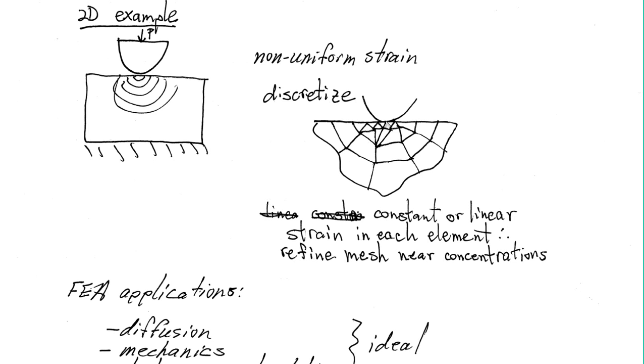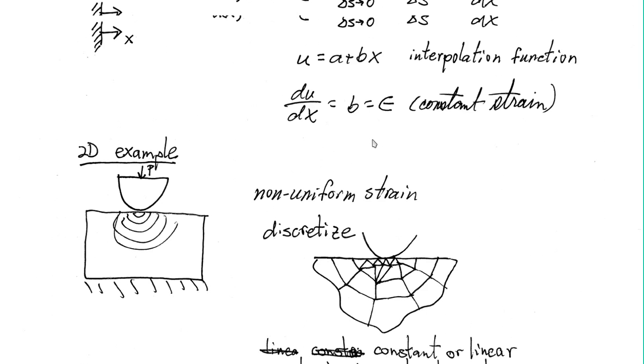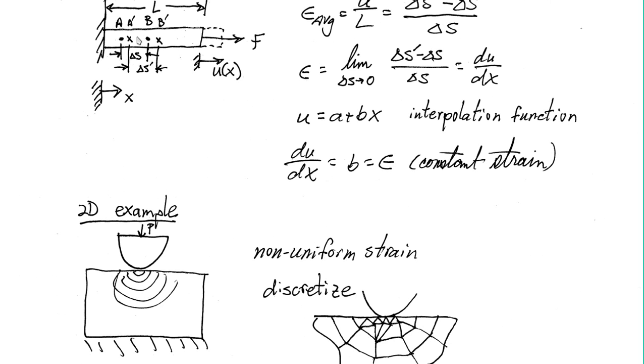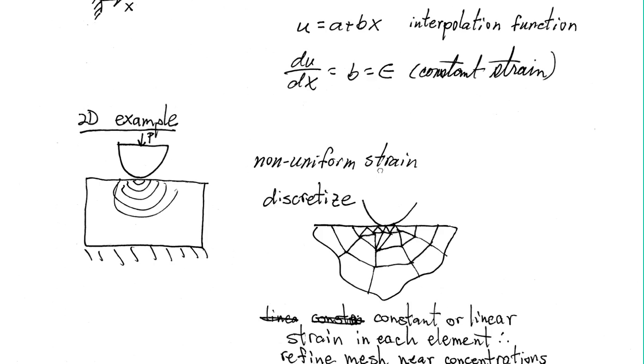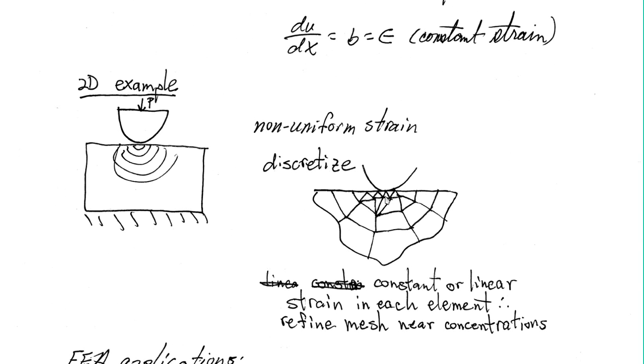So there'll be larger gradients. If you come back here, the gradient is 0. Strain is the same everywhere. Here your strain is very large, and then it drops off, and eventually way down away from the concentration here, strain is constant.